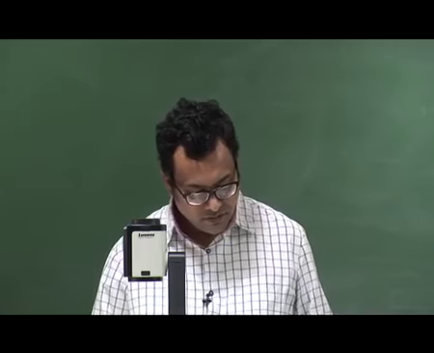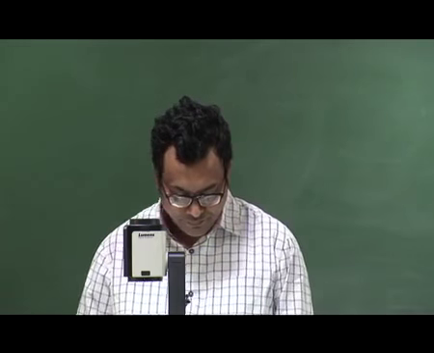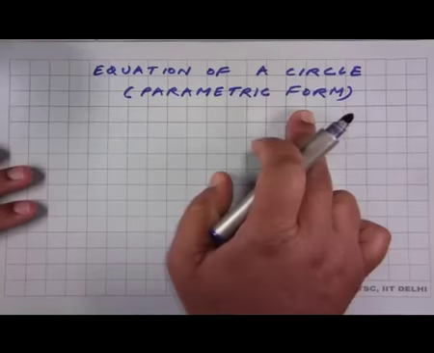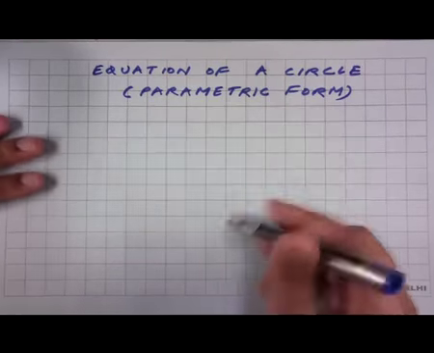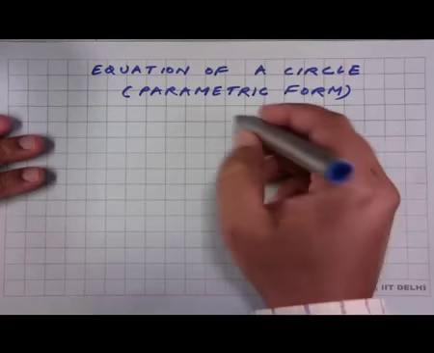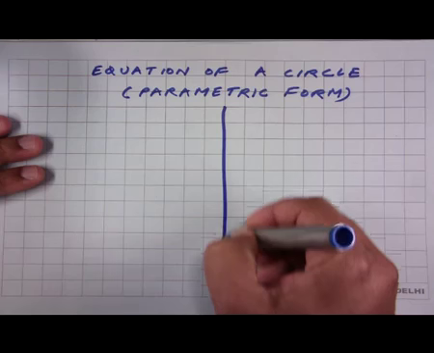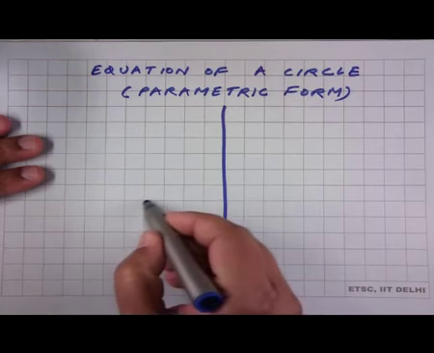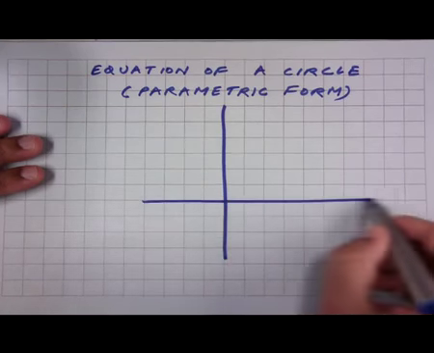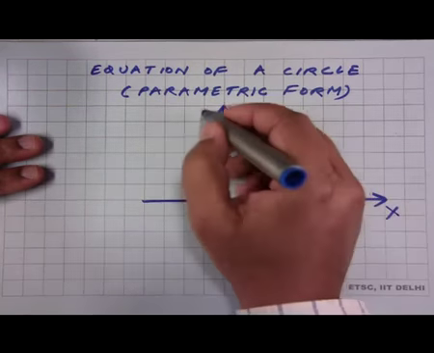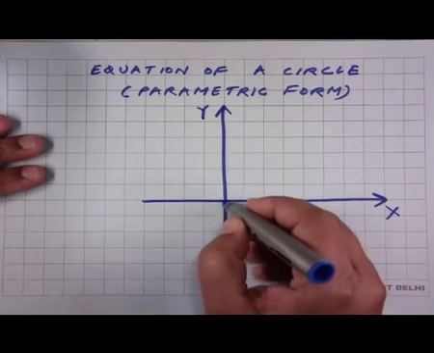But this is not the only way of specifying the equation of a circle. There are some other ways. One such way is known as the parametric form. What we have in the parametric form is that, let us again draw the coordinate axes.